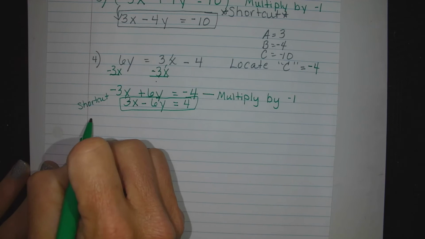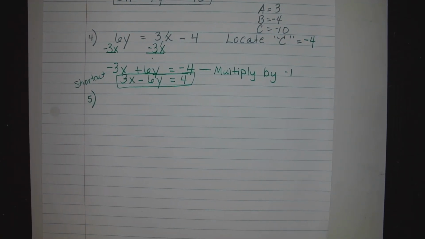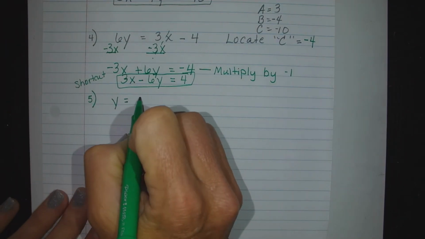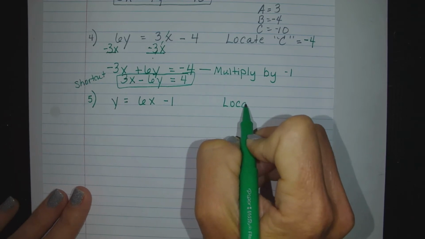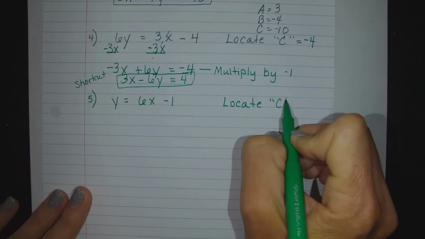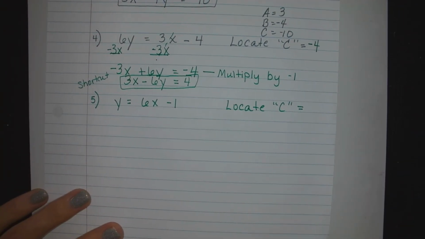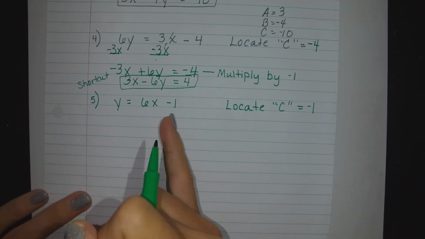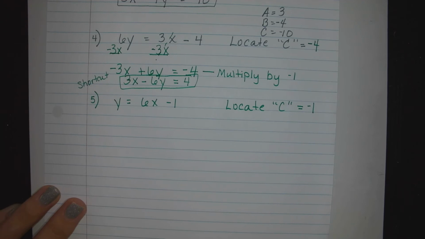All right, number 5. Y equals 6x minus 1. Locate your C. Jenna, what is it? Is she right? Yes. -1. All right, Jenna. Here's your C. What's in the way? How do I move it?